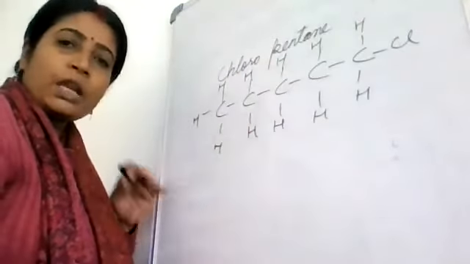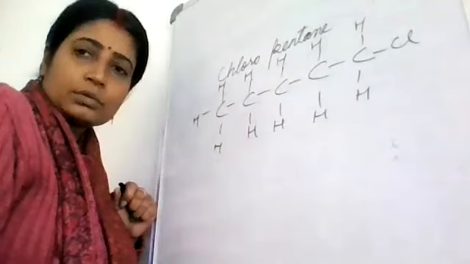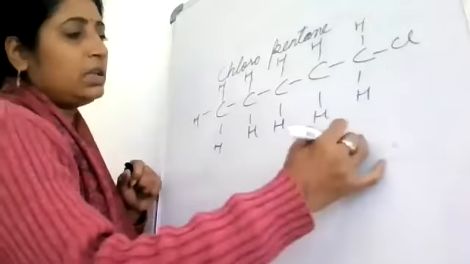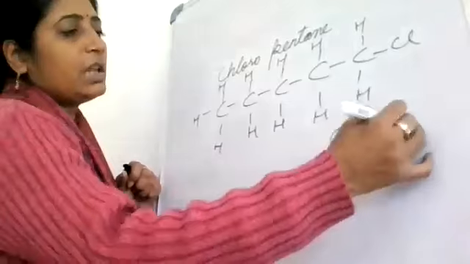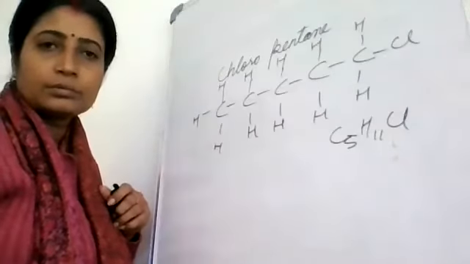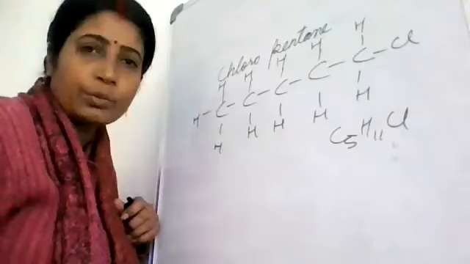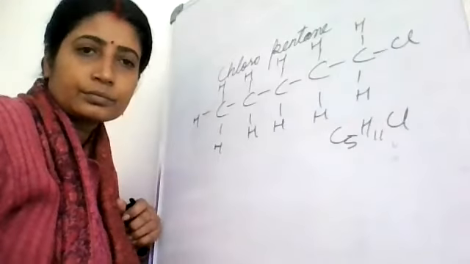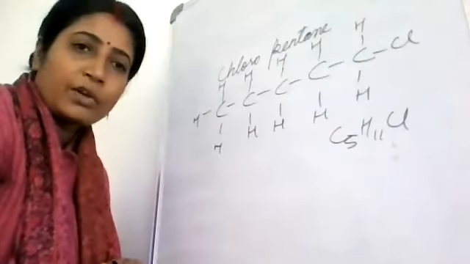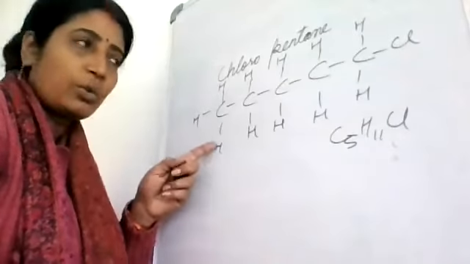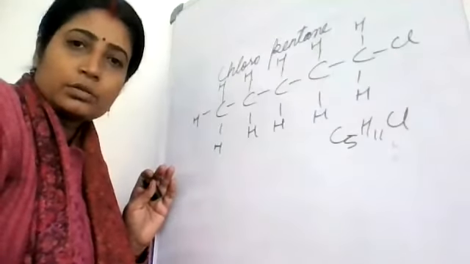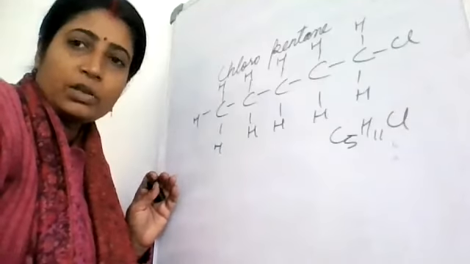If suppose I have to make isomer of it, can you make the isomer of this? This is C5H11Cl, right? What is isomer? Your homework for today, you have to make isomer of chloropentane. Note down your homework. What homework I have given you?